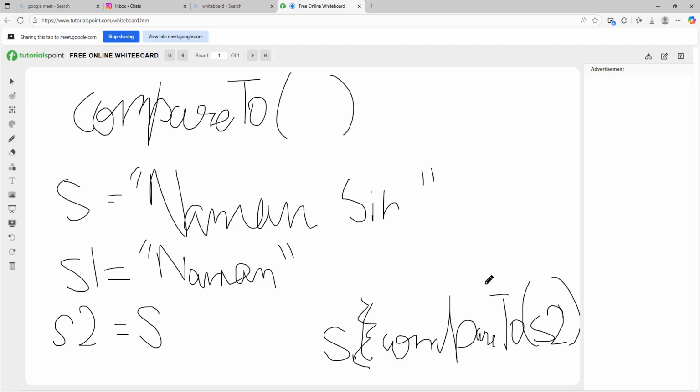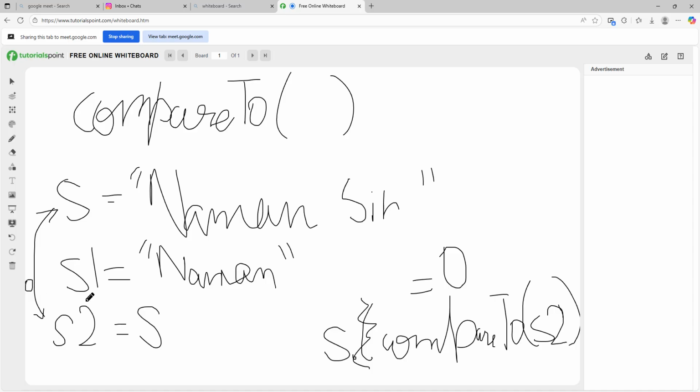So it will compare the strings and the difference will be 0. It gives an answer in a number, and the difference is 0 because both are the same. Comparing these two will give 0.